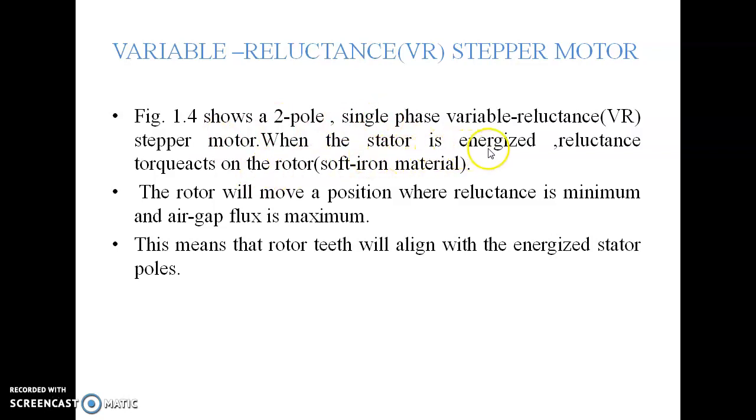When the stator is energized, reluctance torque acts on the rotor, or on the soft iron material. The rotor will move to a position where reluctance is minimum and the air gap flux is maximum. This means that the rotor teeth will align with the energized stator poles.